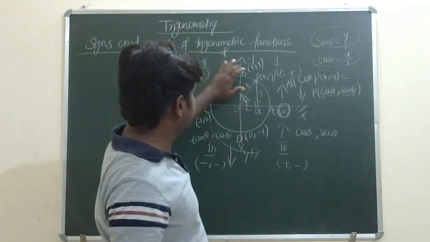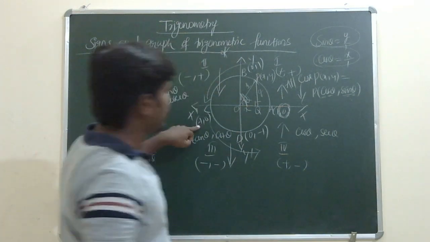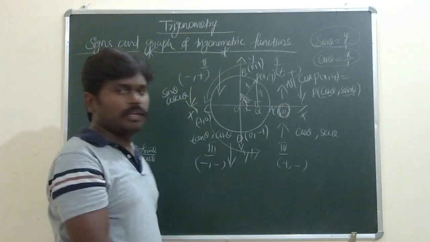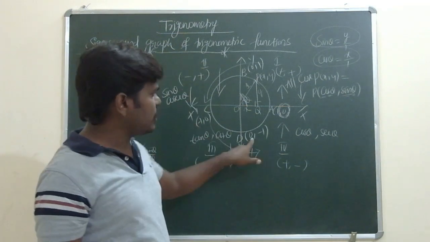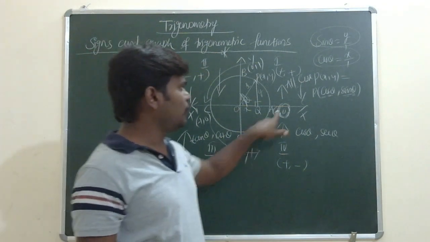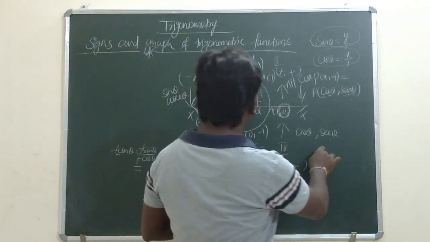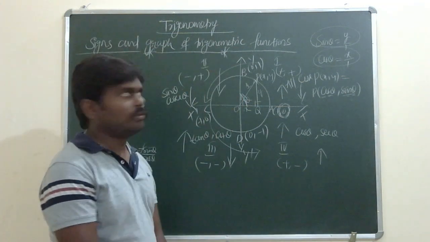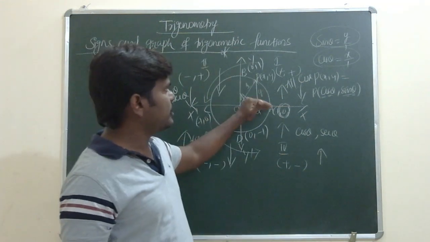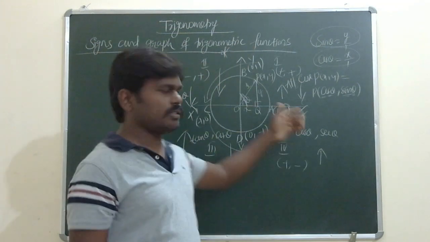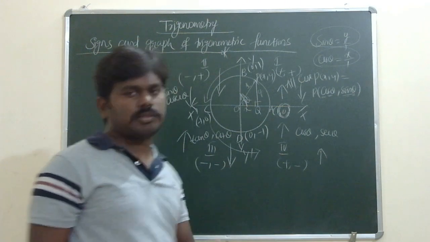In the second quadrant, from 0 to minus 1, it is still decreasing in the case of cos. From minus 1 to 0 in the third quadrant it is increasing, and from 0 to 1 in the fourth quadrant it is again increasing. So cos theta is decreasing in the first, decreasing in the second, increasing in the third and increasing in the fourth quadrant respectively.